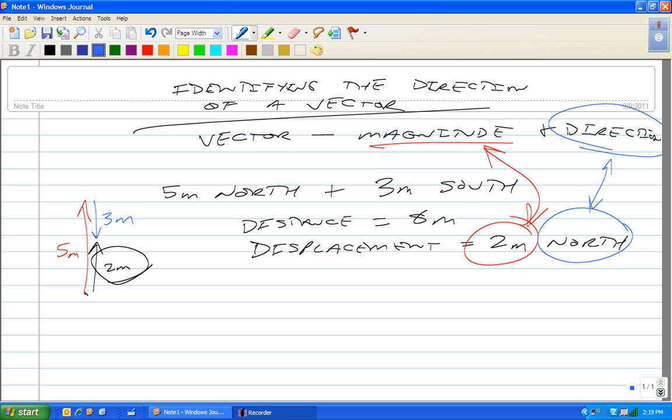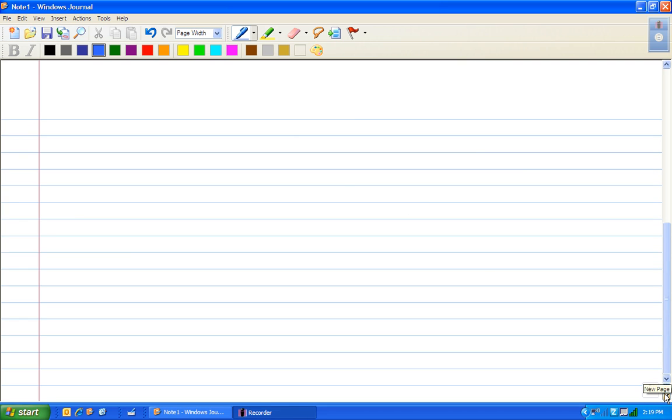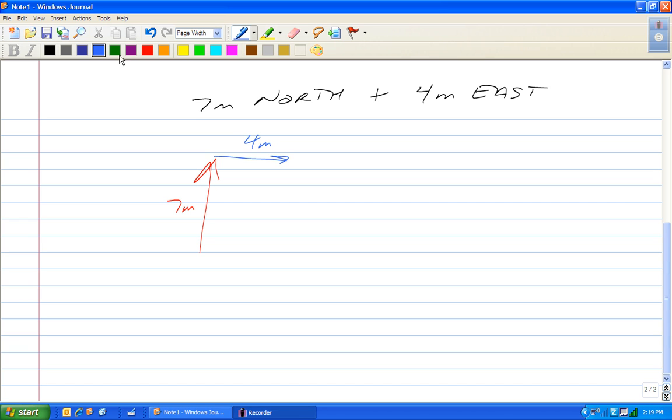But as you found last time, if we do something like this, let's say we're going 7 meters north plus, let's say, 4 meters east, then if I draw that, I've got 7 meters north and then 4 meters east. Then the resultant, the sum of those two, goes from where I started to where I finished.